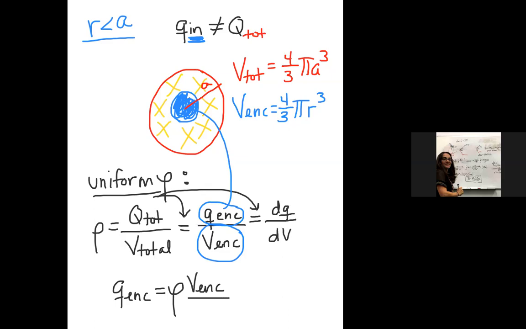Hold on to that. Let's write out Gauss's law. So we're going to relate our enclosed charge over epsilon naught to what? To the integral of E dot dA.